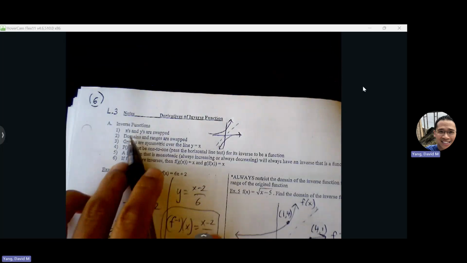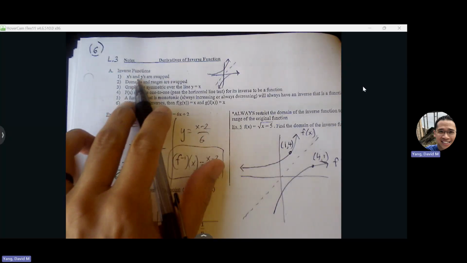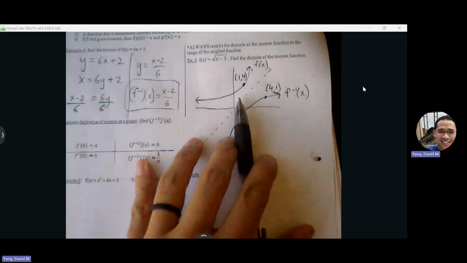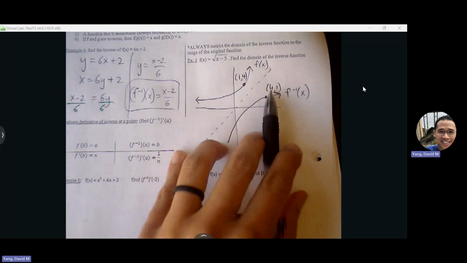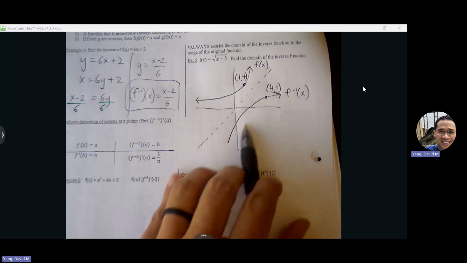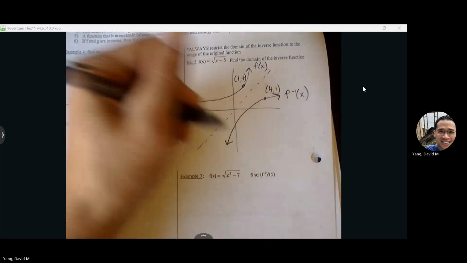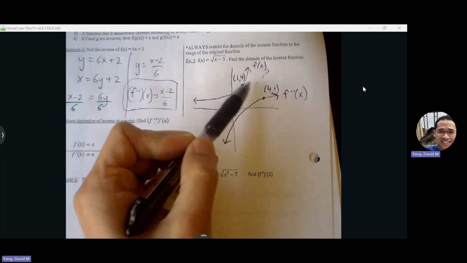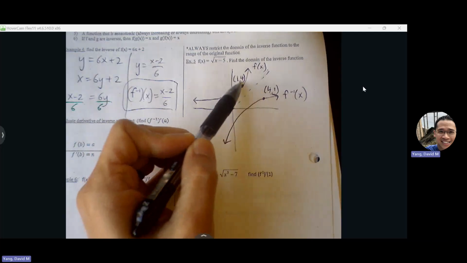Right? If my x's and y's are flip-flopped, swapped, then that point will sit on the inverse function.